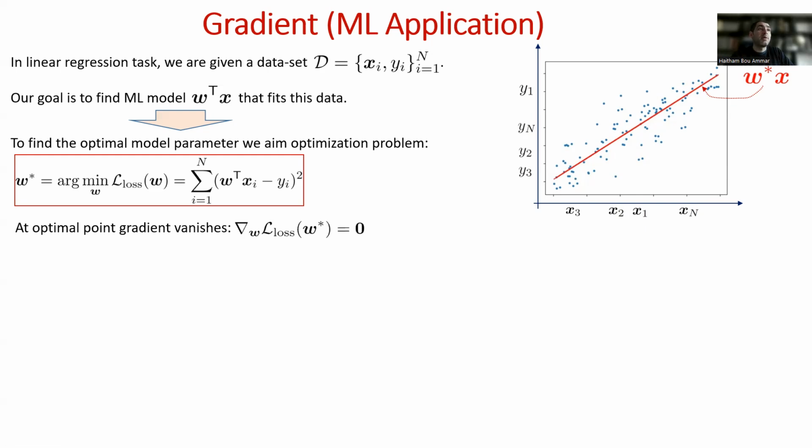Why? Vanishes means it becomes equal to 0. Because if the gradient does not vanish, if it's not equal to 0, then we know for sure that if we follow the negative direction of that gradient, we will decrease the function. So we will always be able to decrease the function if we just follow the negative of the gradient.